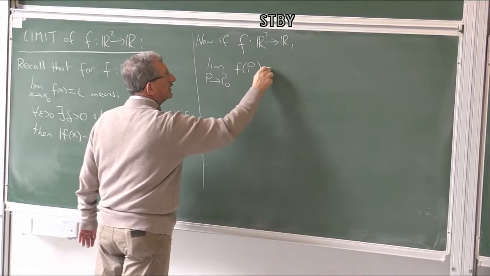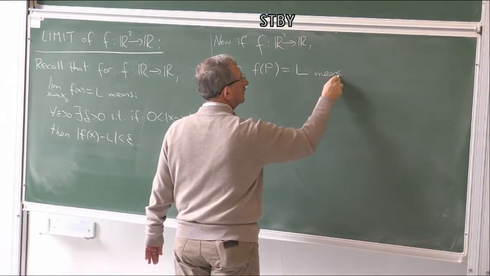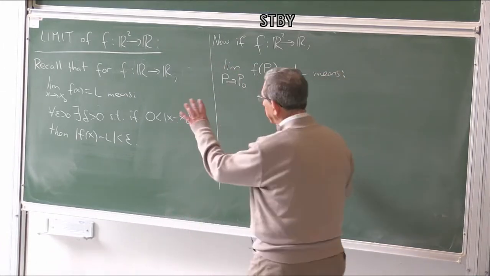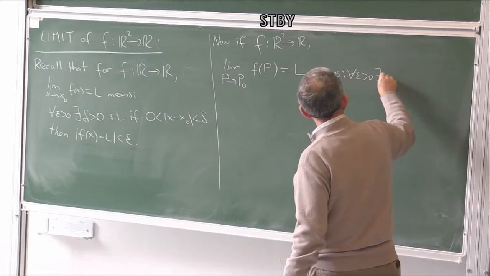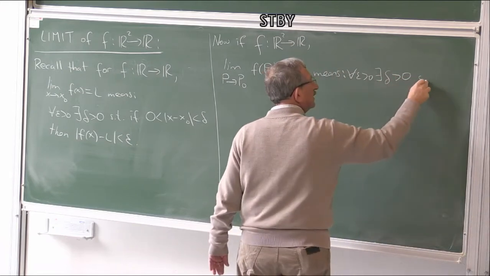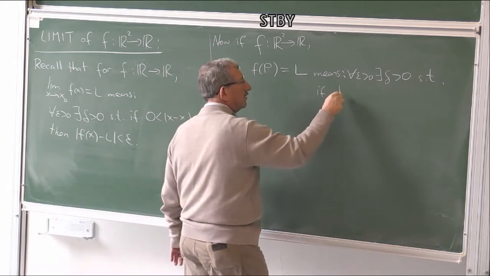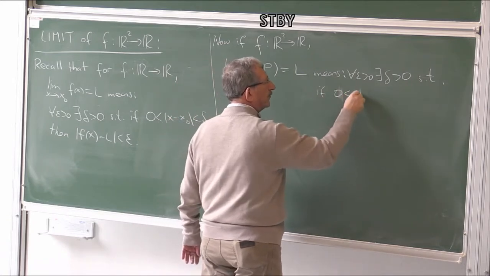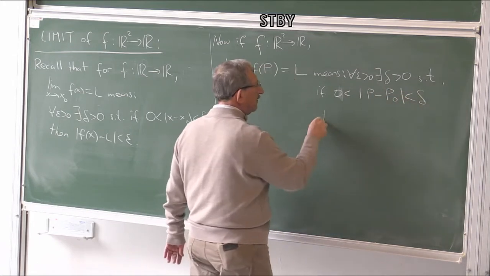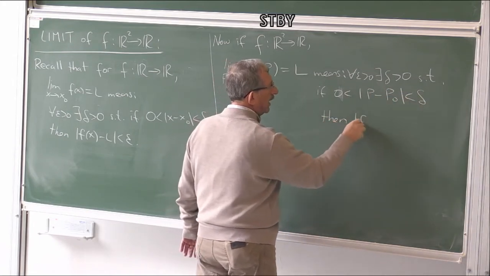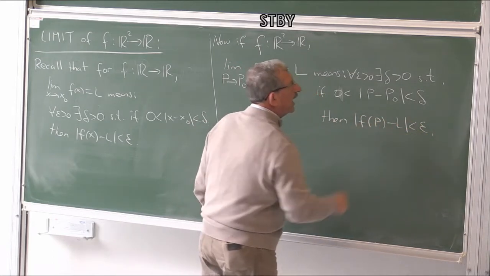The limit of f of P is L means, by direct imitation, for all epsilon, there is a delta positive such that if the length of P minus P0 is less than delta, then the absolute value of f of P minus L is less than epsilon.